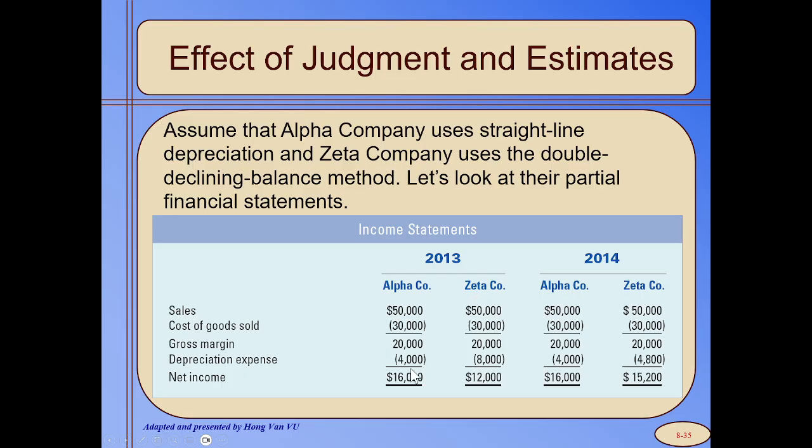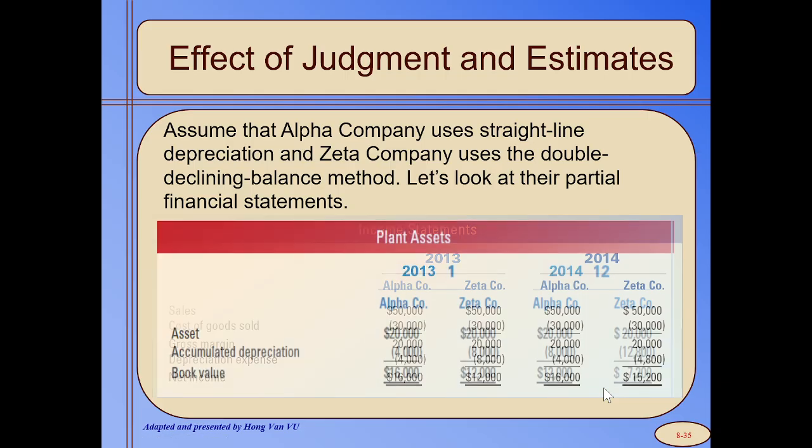Notice that the income of Alpha tends to be rather smooth because the same amount of depreciation, $1,000, is taken each year. The reported income of Zeta is lower than that reported by Alpha in both 2013 and 2014.